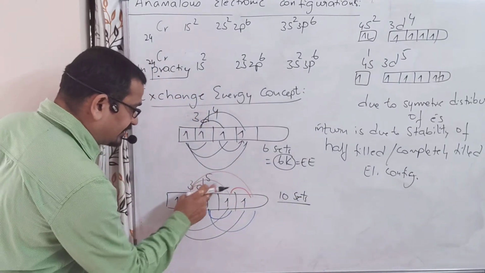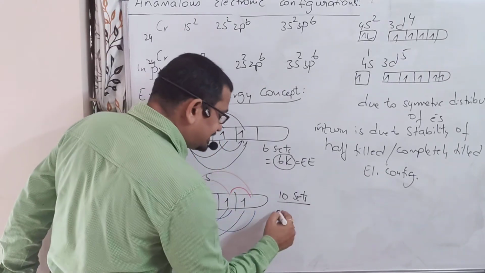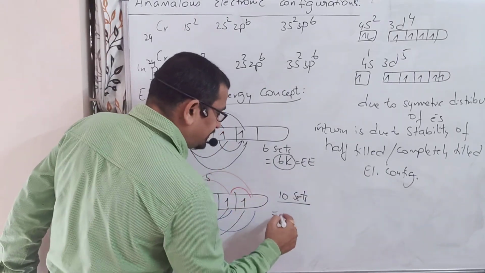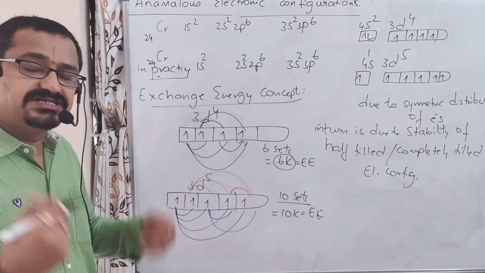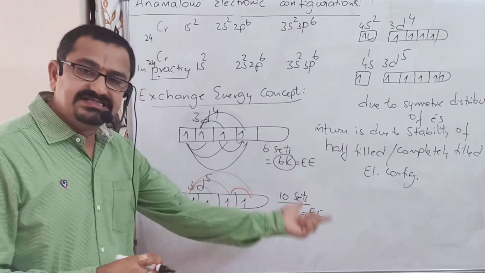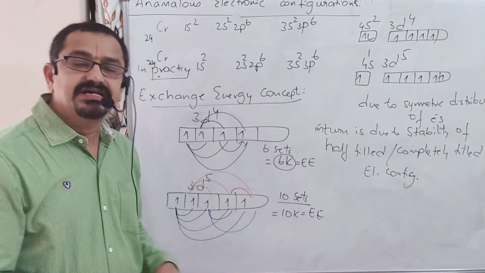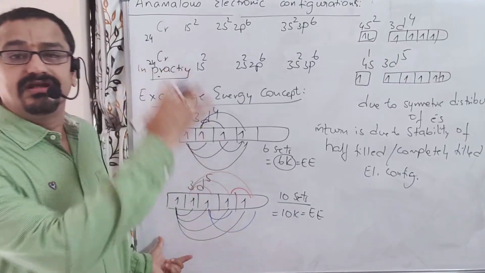For each set, if K is the energy released, then the exchange energy is 10K. So in which case is more energy released? In the half-filled configuration, more energy is released, meaning more exchange energy.